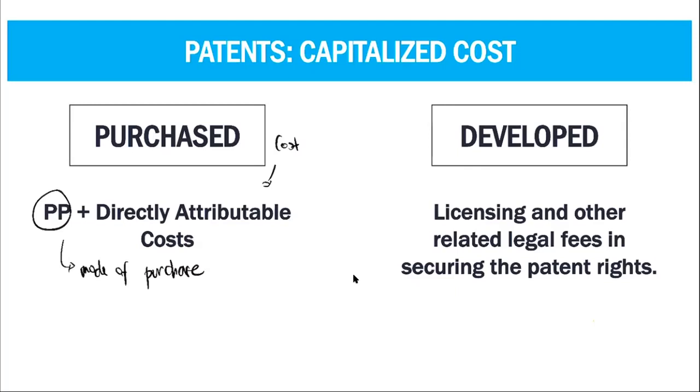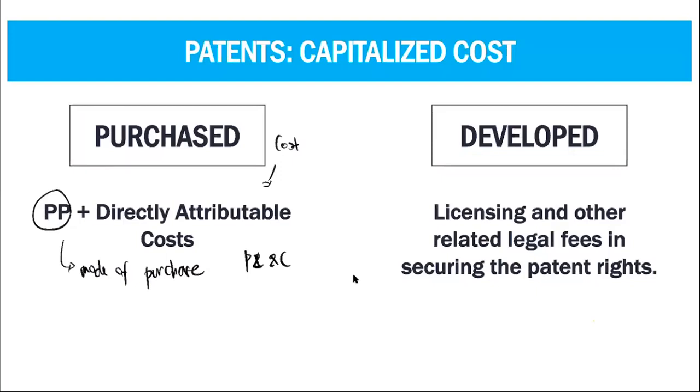And when we talk about your directly attributable costs, these are the costs necessary for the present location and condition of the asset. Take note, at some point your directly attributable cost is exhaustive. Some textbooks list down the different directly attributable costs, and if we try to memorize all of them, you might mix up the costs of one item with another.